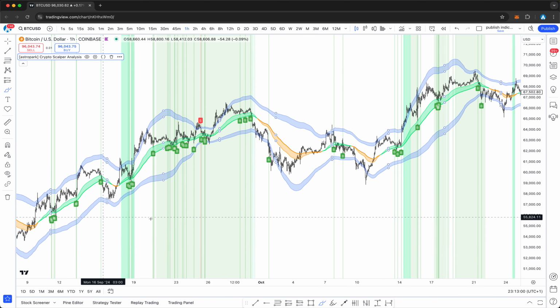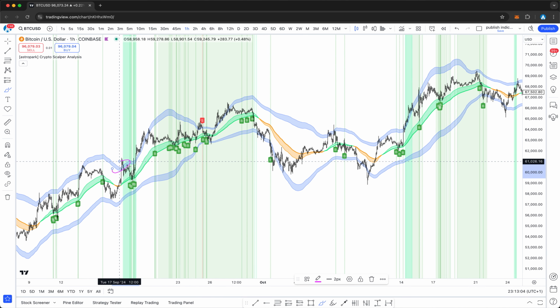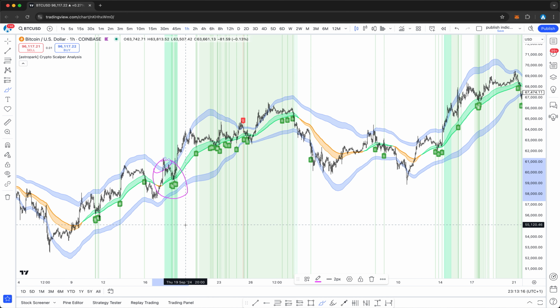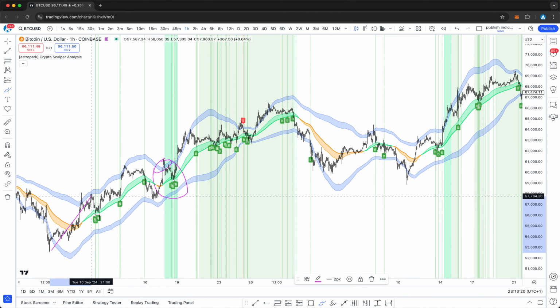So when for example we can see here a bullish trend, with this light green background, we expect a bullish trend started. And indeed we can agree on this, because you can see price making higher highs and higher lows. This is a bullish trend.